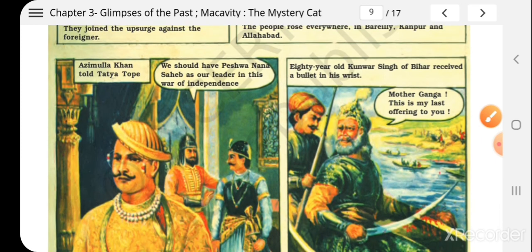So here Azimullah Khan told Tatya Tope that we should have Peshwa Nana Sahib as our leader in this war of independence. I am sure that you all have heard these names, very famous names. Okay, so Nana Sahib was from Kanpur. तो ये वो सब भी unite हो गए थे उन सब चीज़ों में.